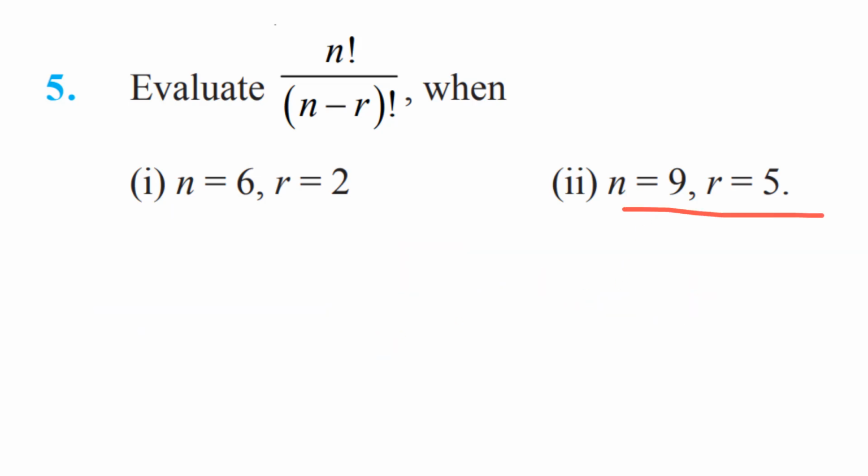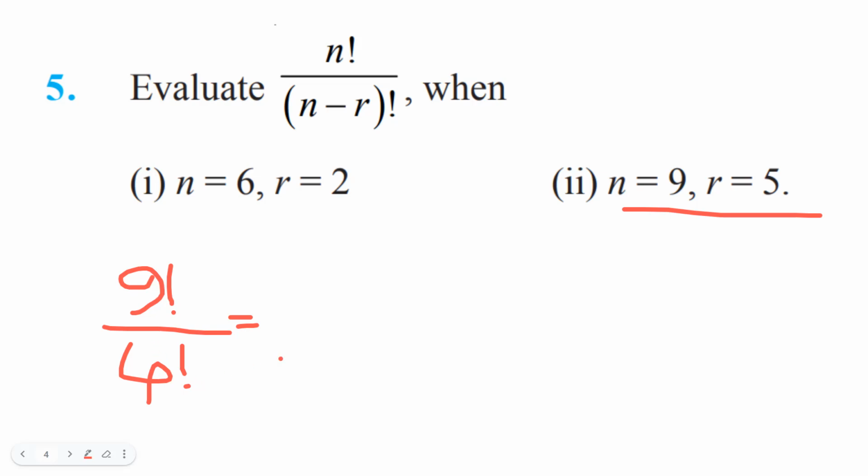And let's look into this. N factorial, that is 9 factorial, divided by n minus r factorial, that is 9 minus 5, that's 4 factorial. 9 factorial is nothing but 4 factorial multiply 5, 6, 7, 8 and 9.